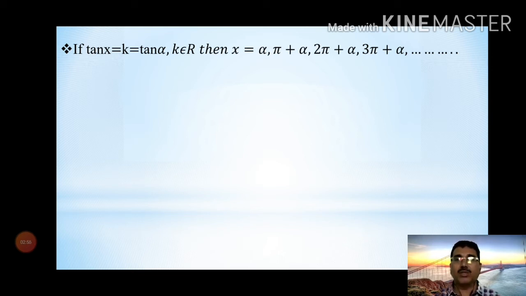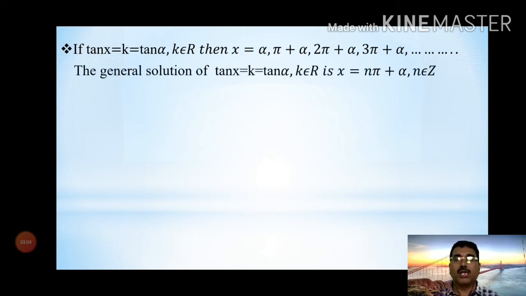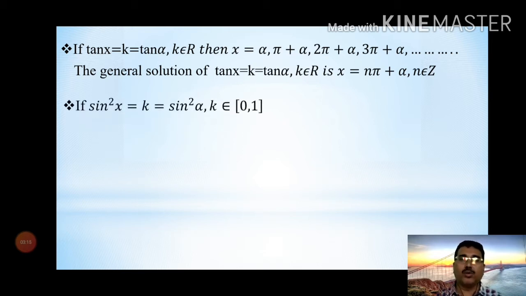Then the values of x are alpha, pi plus alpha, and so on. Therefore, the general form of x is n pi plus alpha, where n belongs to Z. Now go to another type of equations.